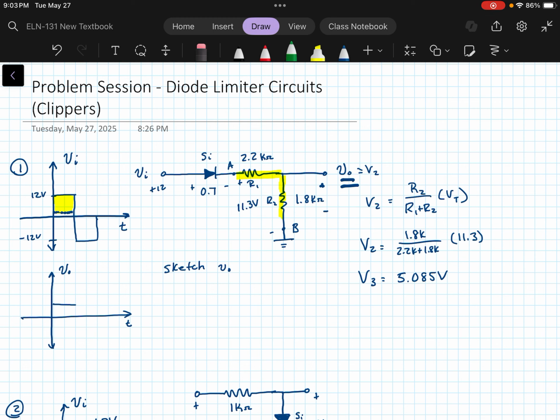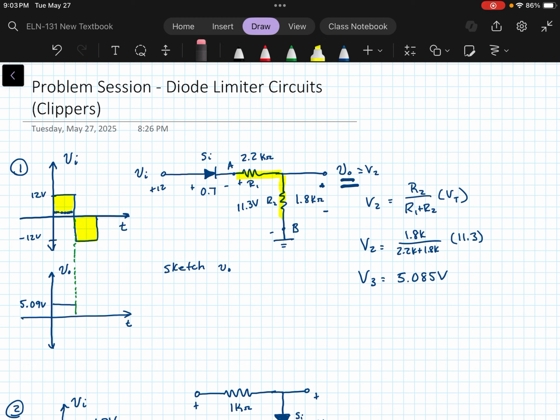I'm going to draw maybe a little dashed line here just to kind of line them up. It's also helpful sometimes if you draw your V out right under your V in. That might help you with the sketching. And we're going to label this at 5.09 volts.